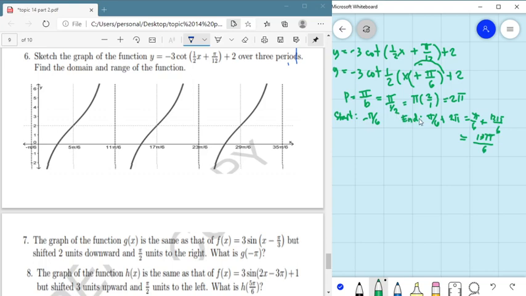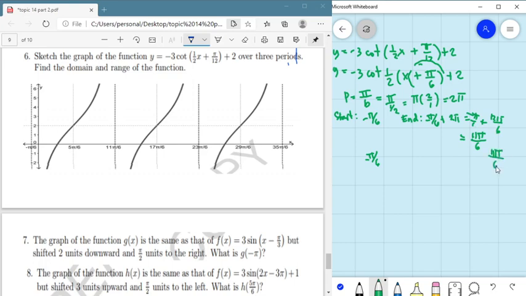Wait, no, negative. Sorry, negative. So, it's not 13, but it's 11 pi over 6. Okay, it's 11 pi over 6. So, we start at negative pi over 6 and end at 11 pi over 6.